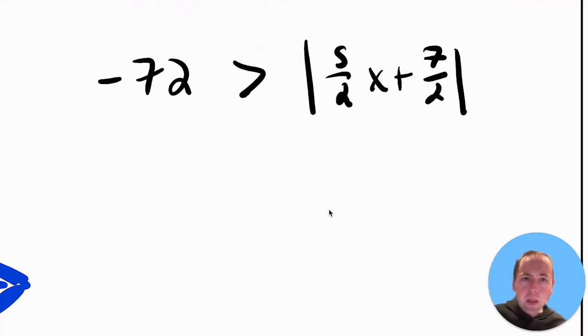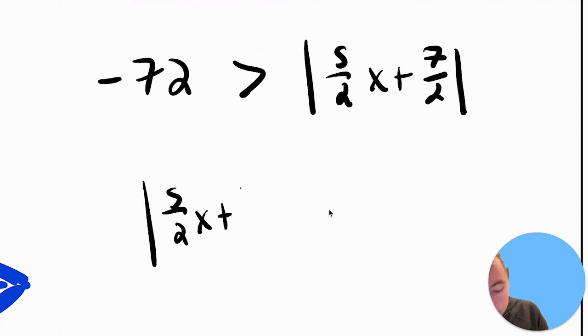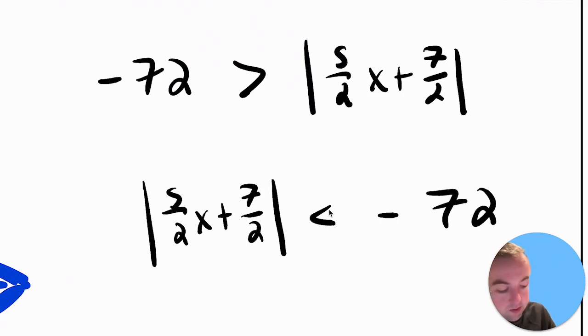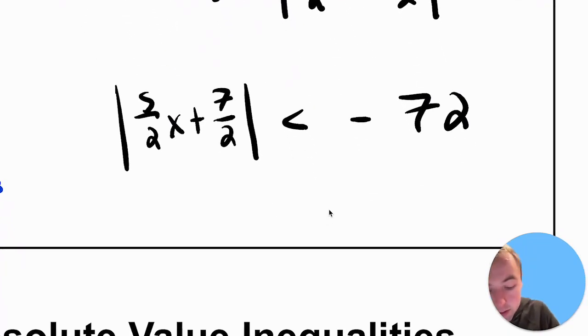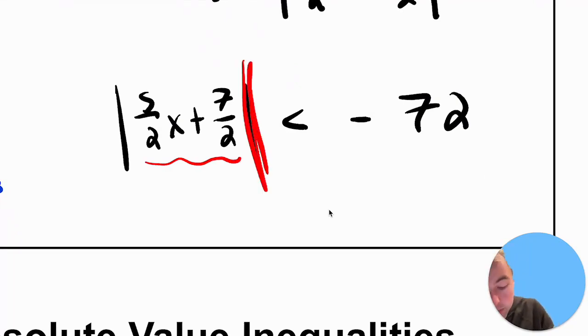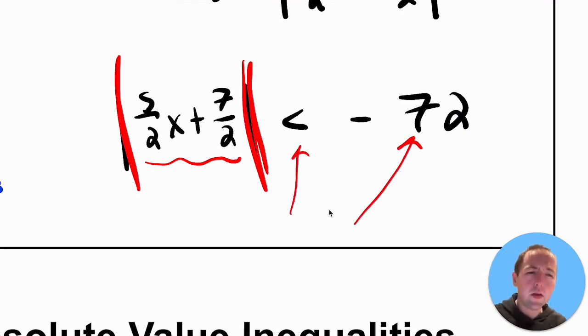Okay, so I could rewrite this if I wanted to by putting the absolute value over here. And since -72 is greater, then the absolute value has got to be less than -72, right? So think about what I could plug inside the absolute value so that the absolute value of that number is less than -72.